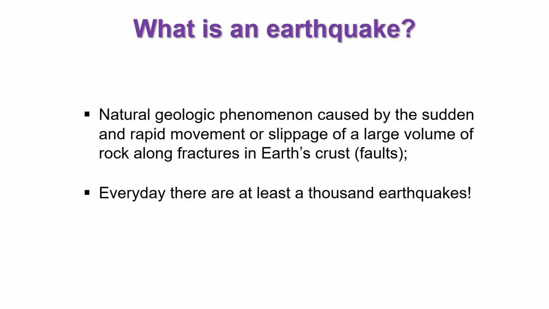What is an earthquake? An earthquake is a natural geologic phenomenon caused by the sudden and rapid movement or slippage of a large volume of rock along the fractures in the Earth's crust, which we call faults.